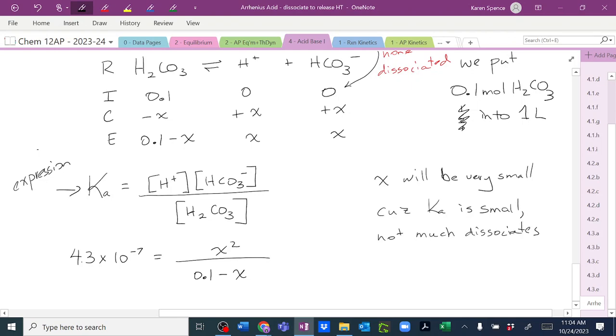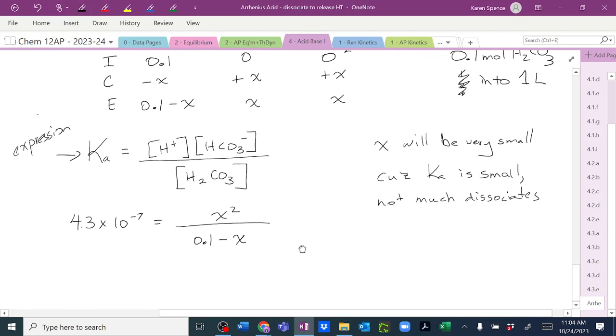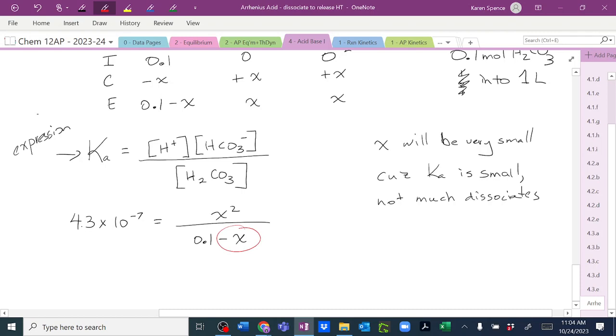So what we're going to do is simplify our lives, and we are going to say, assume X is much, much smaller than 0.1 molar. Does that make sense? Okay, you have to write that assumption.